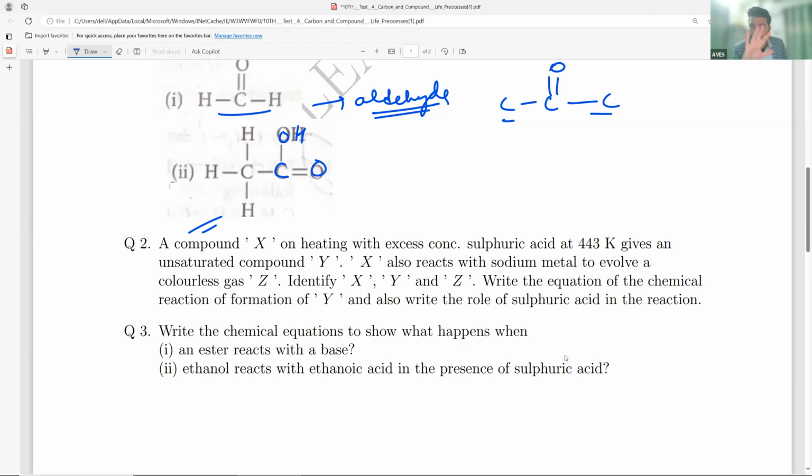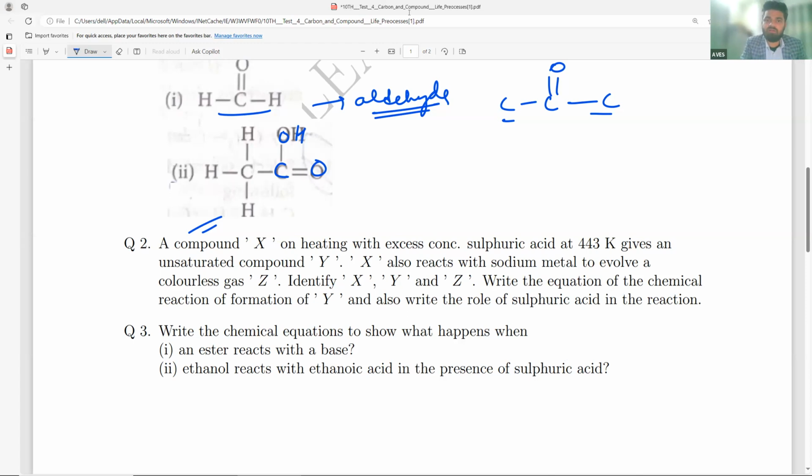No. Neither is it shown nor written that it is a 2-carbon compound. So why ethanol? We will write X is alcohol, Y is alkene, and Z is hydrogen gas.